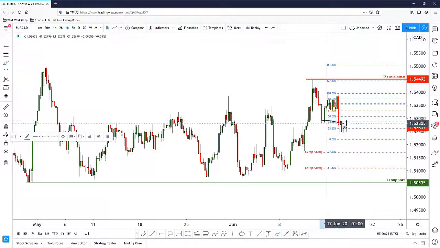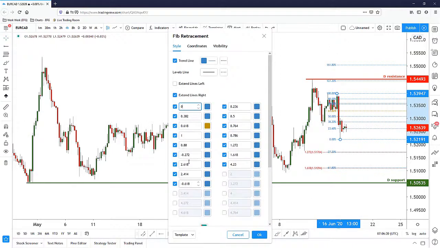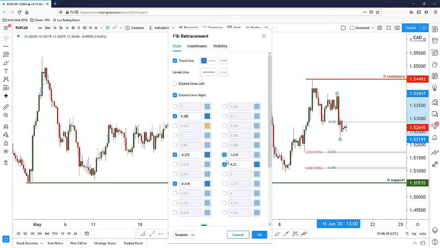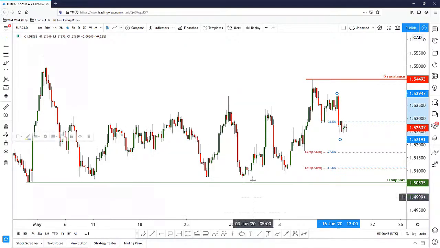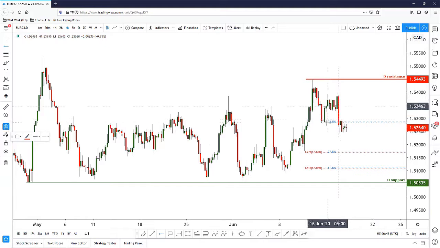Further, the 38 here is, as highlighted, the neckline. So I'll just highlight the 38, the negative 27.2 and negative 61.8. Now we're starting to find a lot of Fibonacci confluences, right? A lot of Fibonacci confluences. And let's put in the levels.